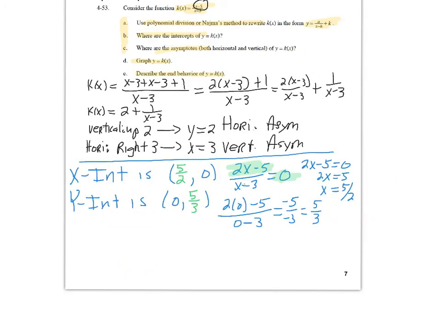Now I'm starting to run out of room here, so we're going to expand this and sketch a graph off to the side.